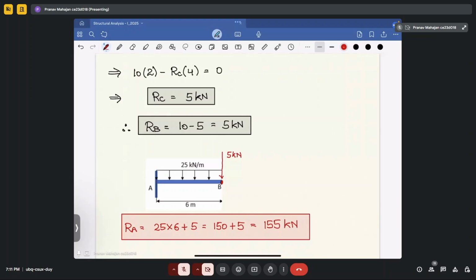What's important for you is to know how the variation of shear force and bending moment diagram happens in UDL, UVL cases, as well as in concentrated load cases. If you see, the shear force diagram for the concentrated load has zero slope.